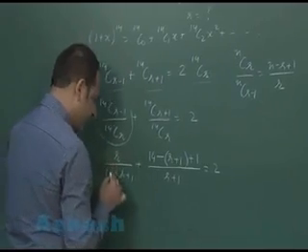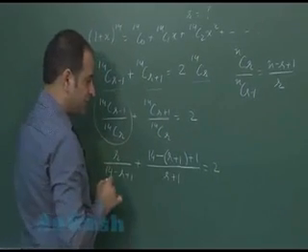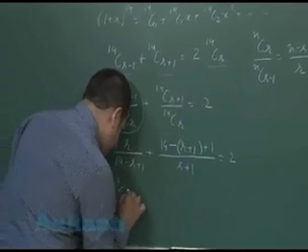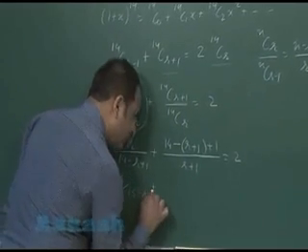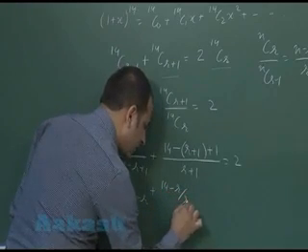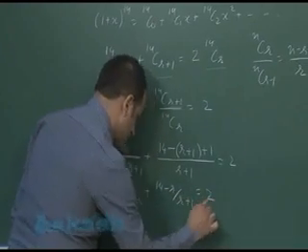From here we have a quadratic equation. यहाँ से हमें quadratic equation मिलेगी r upon 15 minus r plus 14 minus r upon r plus 1 equal to 2.